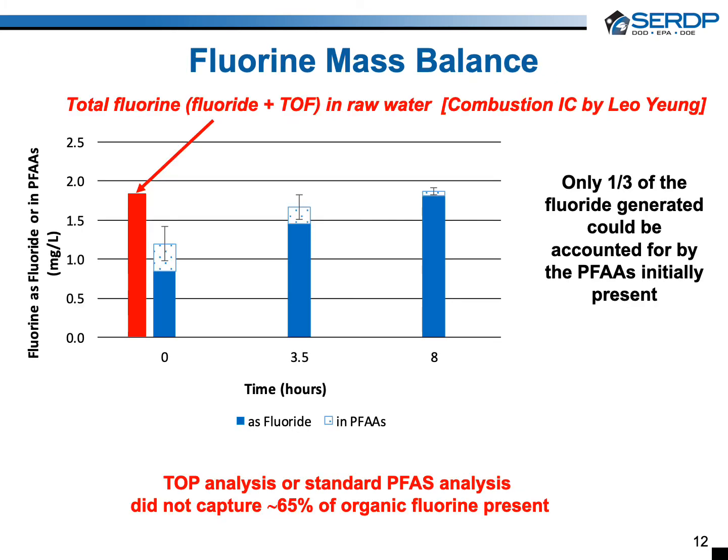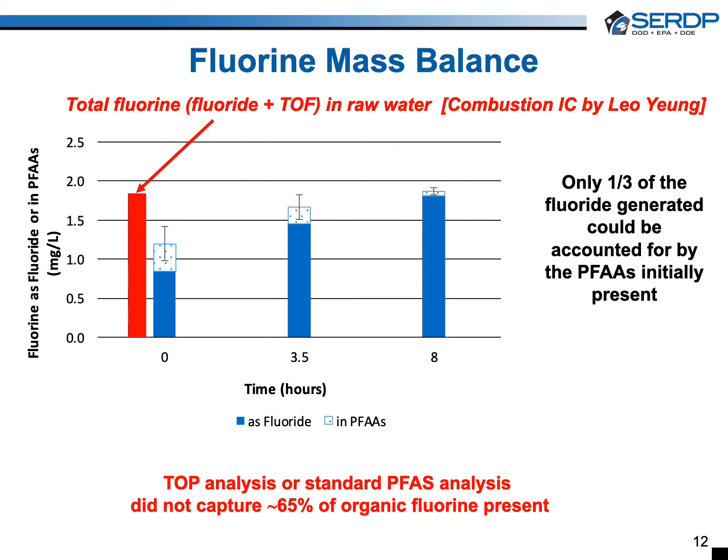So what we did here was take a closer look at our fluorine and fluoride mass balance. As I mentioned, we were doing a fluoride analysis just to verify that we were generating fluoride, and that the concentrations were high enough. We looked at our total fluorine, and this is the blue bars here, either as fluoride, and also the fluorine that was in the perfluoroalkyl acids.